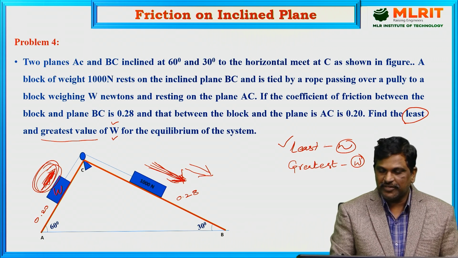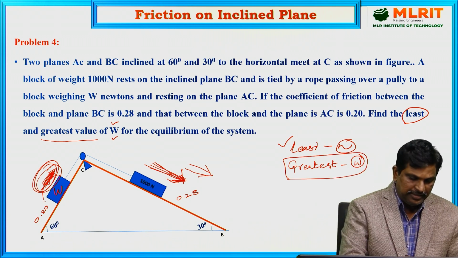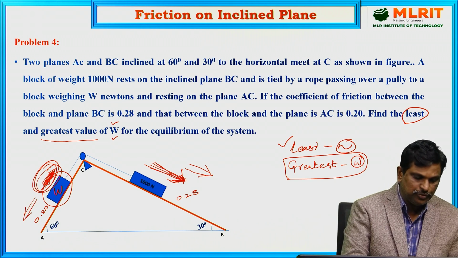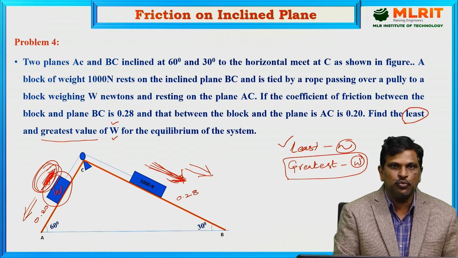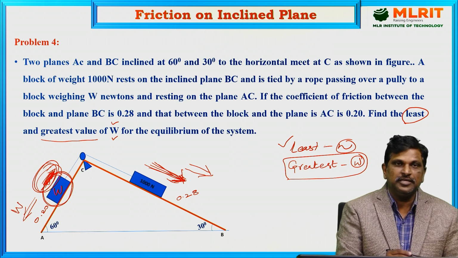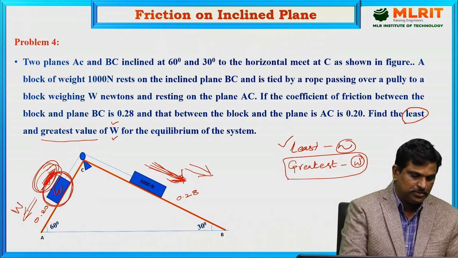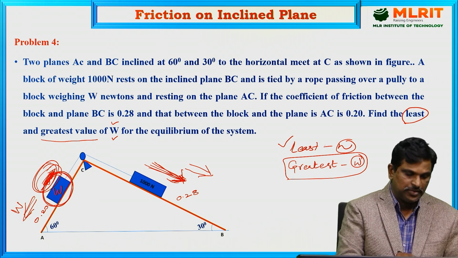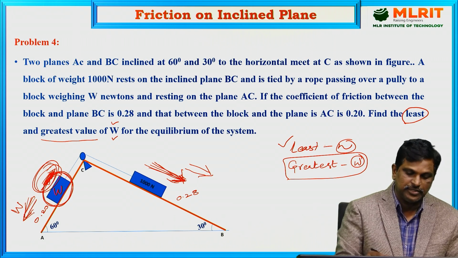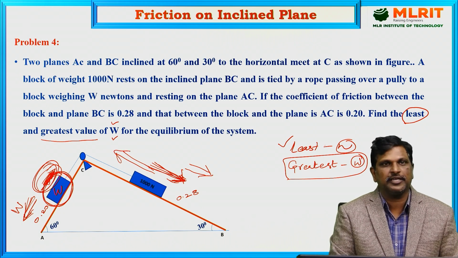Now, for the greatest value of W, at this condition, the tendency of the W Newton block is to move downwards. That means the W Newton block is dominating, and the system is moving in such a way that the W Newton block resting on AC will move in the downward direction and the 1000 Newton block starts moving along with it in the upward direction.